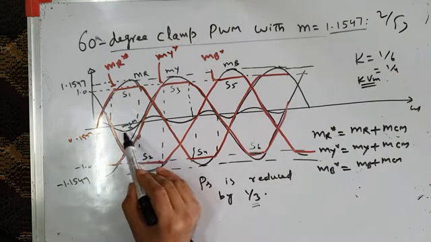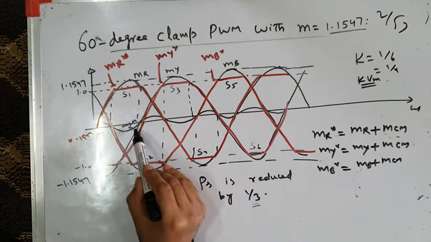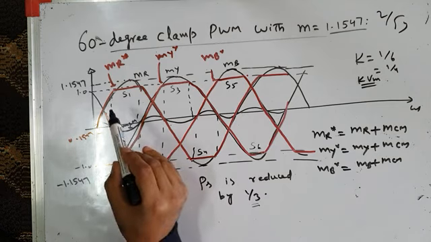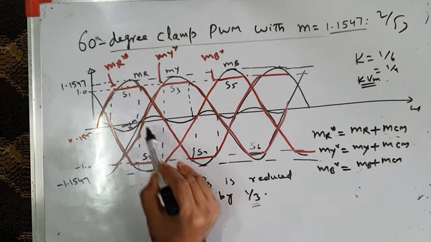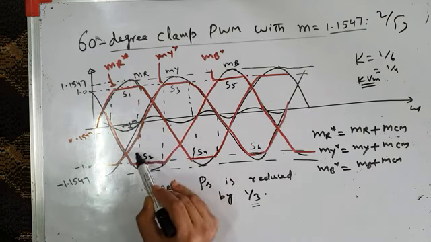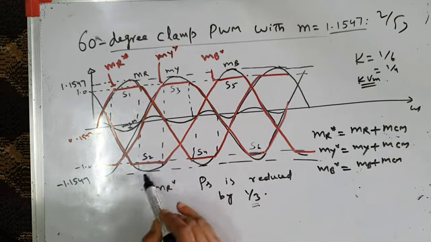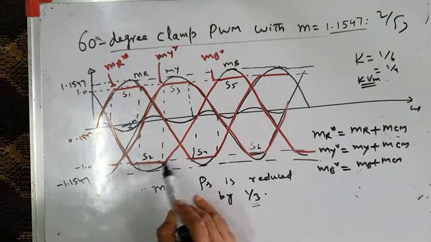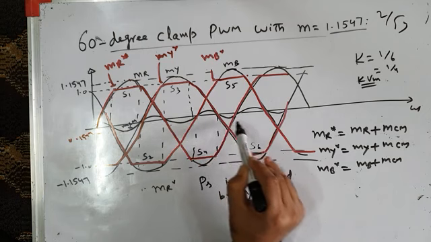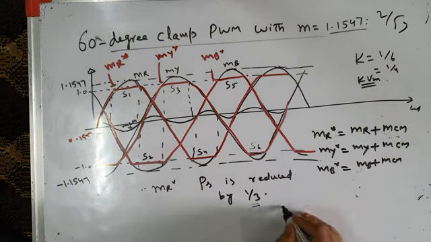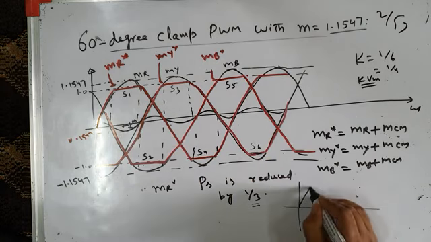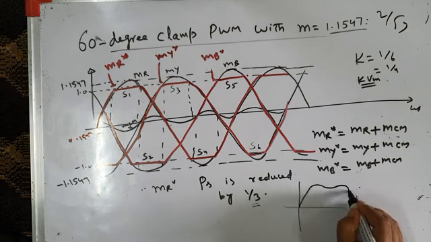common mode signal like this, like over this 60-degree interval, common mode signal is peak value 1 minus MR, so it becomes negative. Over this interval, my common mode signal is -1 minus MB, so it becomes like this. And therefore my common mode signal, although it looks like third harmonic injected PWM, is not actually third harmonic injected PWM, because in third harmonic injected PWM, my pole voltage, my reference waves were like this.